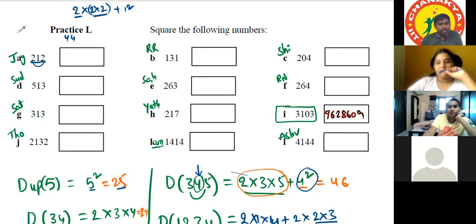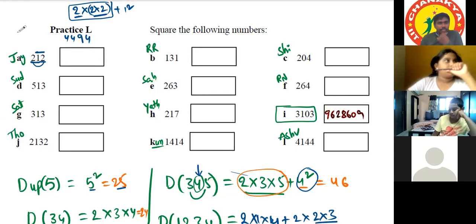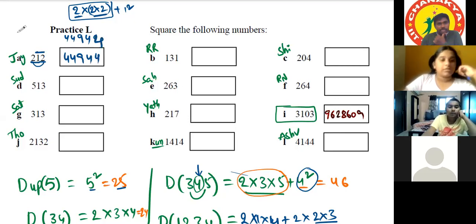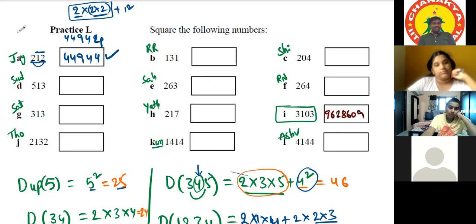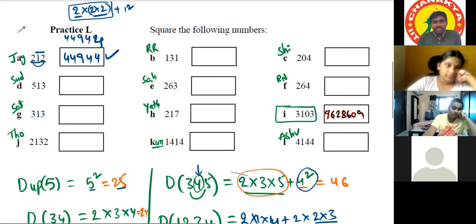So 8 plus 1 is 9. Correct. Next, 12: 2 multiplied by 1 multiplied by 2 is 4. And lastly, 2 square is 4. So 4, 9, 4, 4. Correct, and there is no carry.